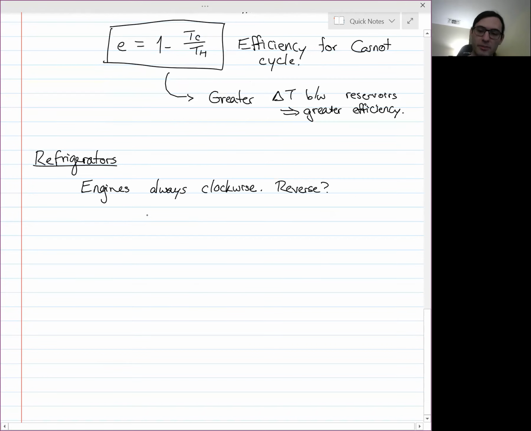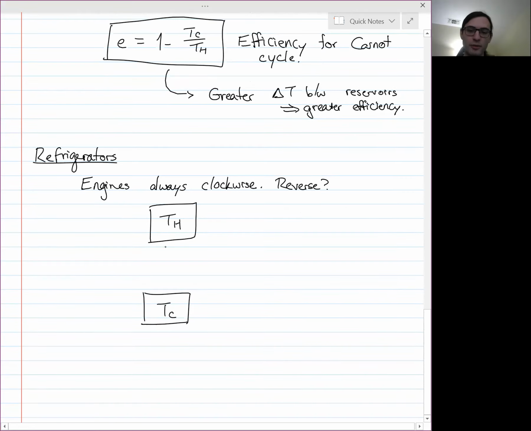And so schematically, that would look like you have your hot reservoir, you have your cold reservoir, and then instead of taking heat from your hot reservoir, you take heat from your cold reservoir and then add some work to it, and then you take that heat and add it to your hot reservoir, and then you repeat your cycle, but going in the other direction.